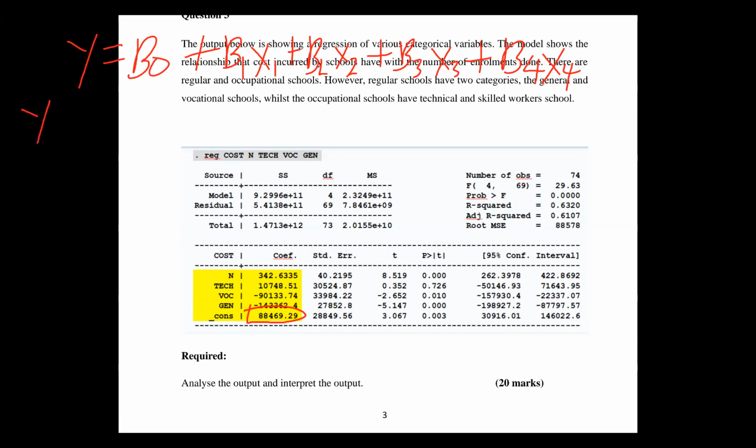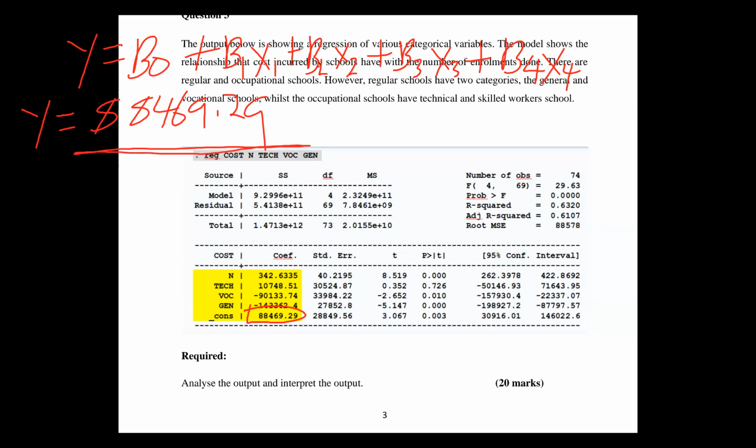So you can write this as y equals 88,469.29, the constant, the beta naught. What this means is that the interpretation would be, you keep other factors constant. If all these other variables are zeros, then the cost will be what?